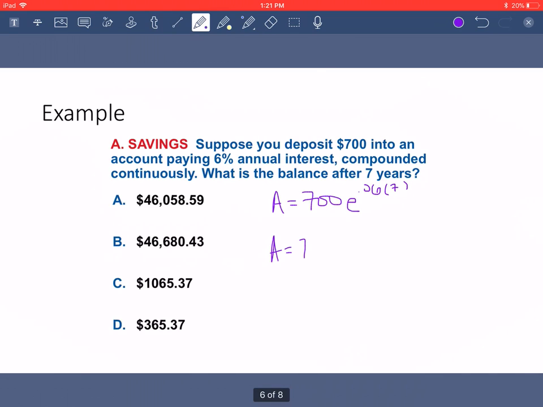So A equals 700 times e raised to the 0.42 power. When I put that in the calculator, I get that A is $1,065.37.